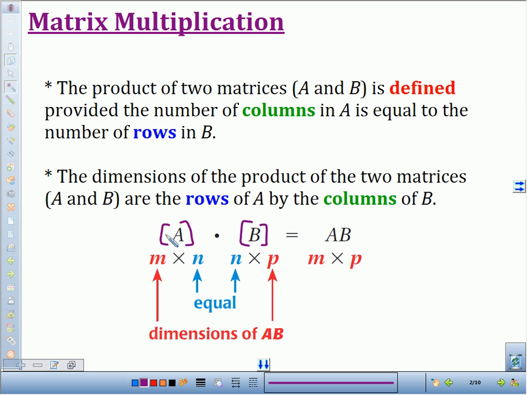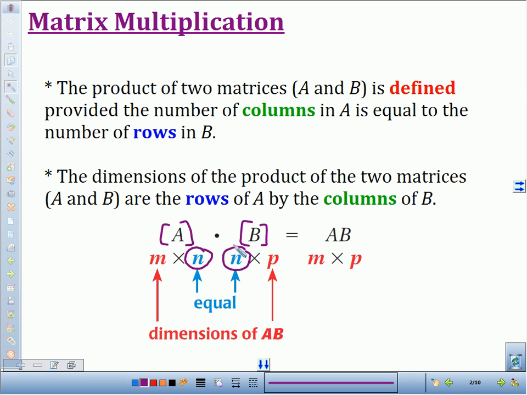If we want to multiply A times B, the first thing we need to check is that the columns in A are equal to the number of rows in B. And when we put them up next to each other, we can see that the columns in A are n, and the rows in B are also n. So those two are the same. They're equal. So the product of these two matrices is defined.